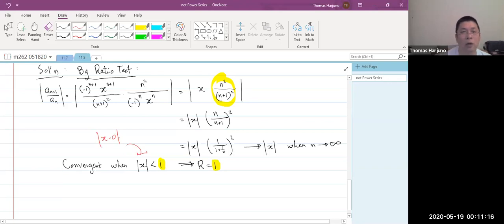Now the radius is the one on this side. In other words, you cannot read the radius if you have, let's say, x over 2. This is not the radius. You have to rewrite this into absolute of x less than 2.